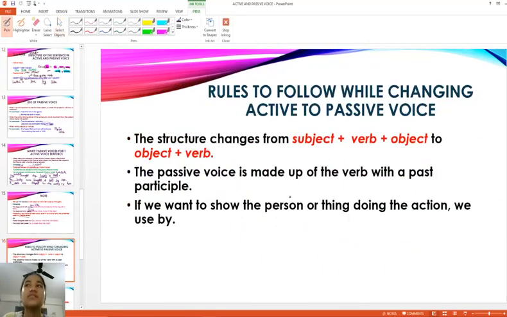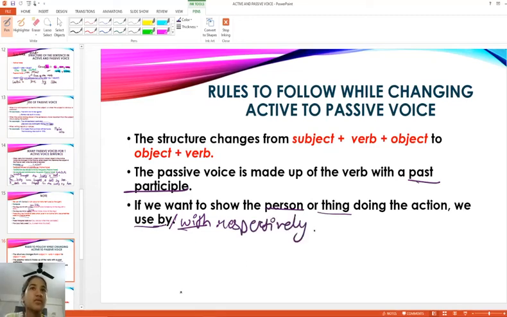Then the passive voice is made up of the subject with a past participle. If you want to show the person or thing doing the action, we use by or with also. It depends on the living or non-living thing. Person means by and thing means with, respectively.